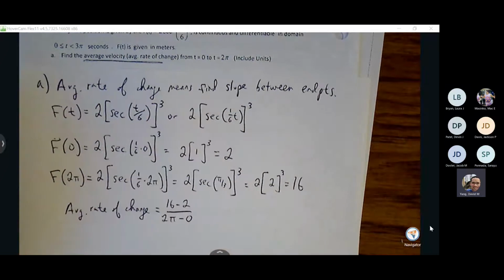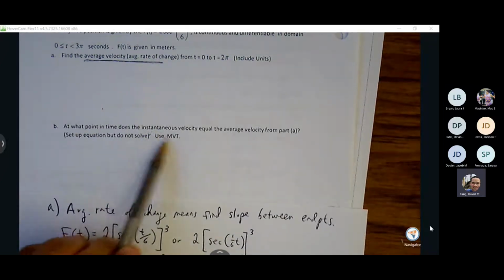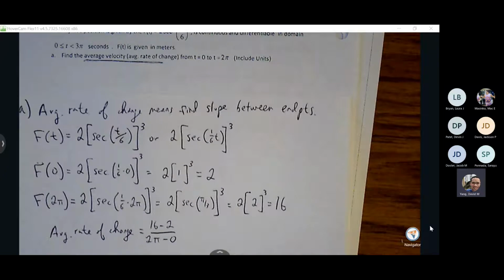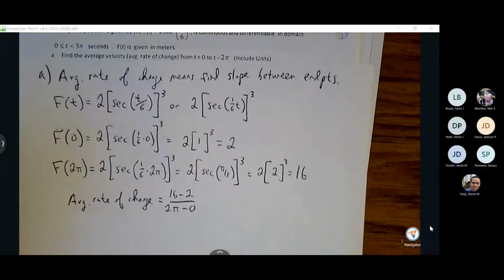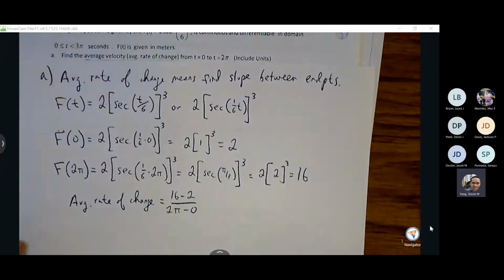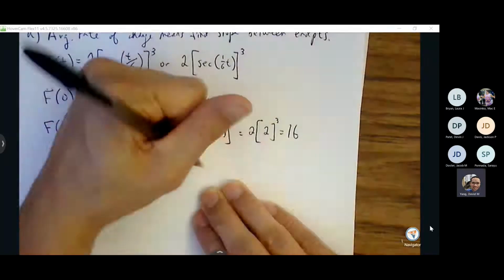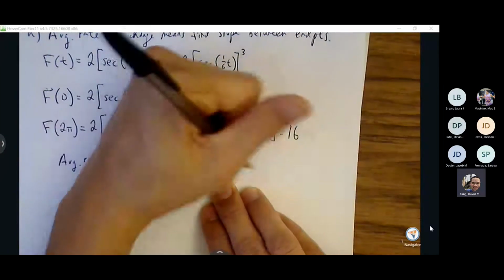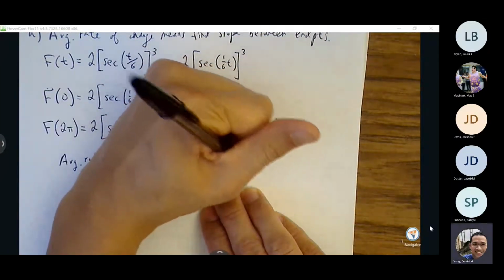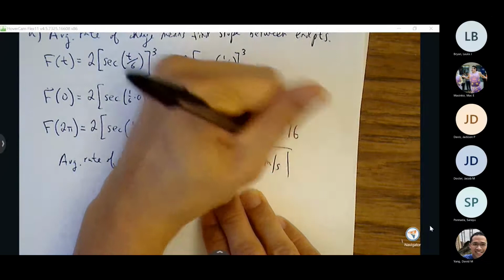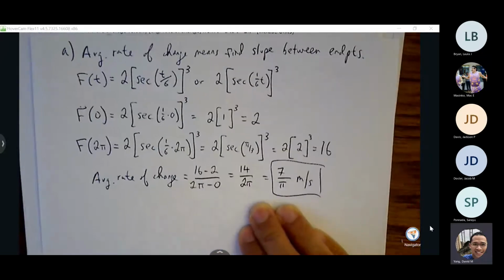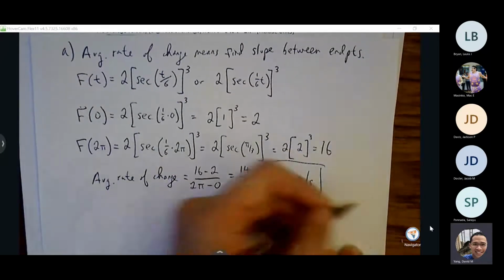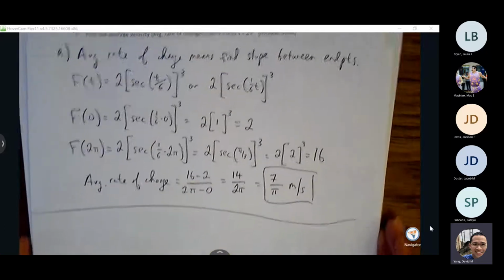Now, part B, when it says instantaneous velocity, then we're moving to the derivative and then chain rule will be involved. Right, so understand that when you do slope between endpoints, there's no calculus. You're just plugging in endpoints and finding slope between endpoints. Okay, are we okay with average rate of change?